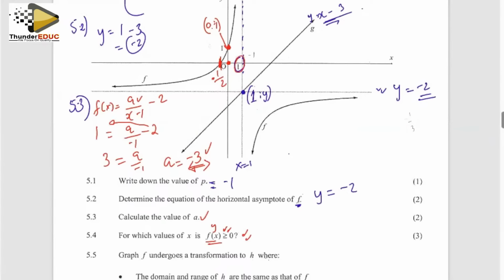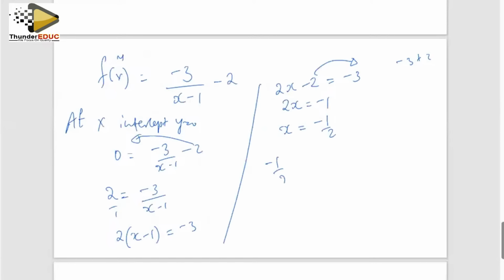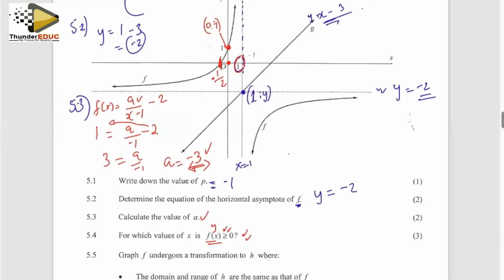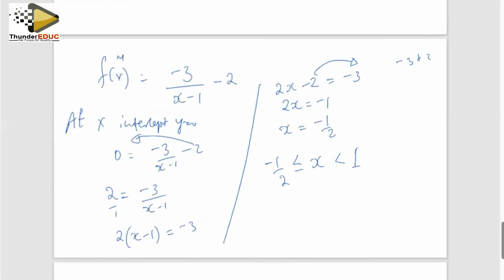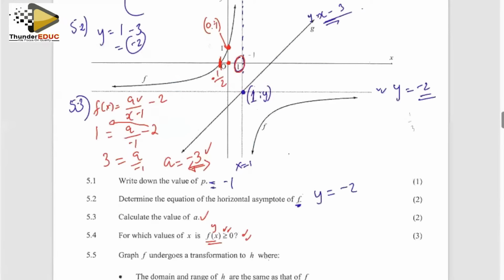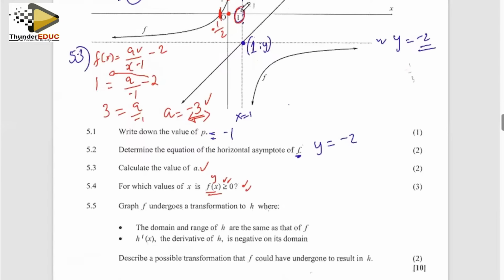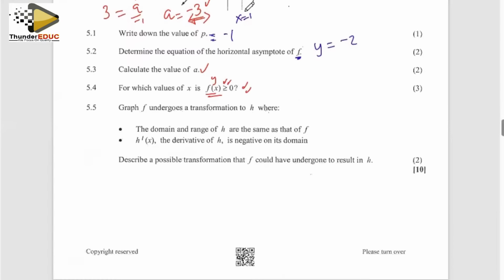So I'm going to say negative a half is less or equal to x, which is less than 1. It can touch the negative a half, but it cannot touch the positive 1 of the x. So that is what we had to do with that question. Technically, we had to look for the x-intercept and then give that interval.